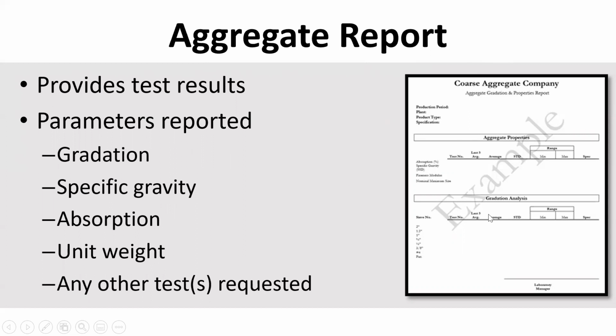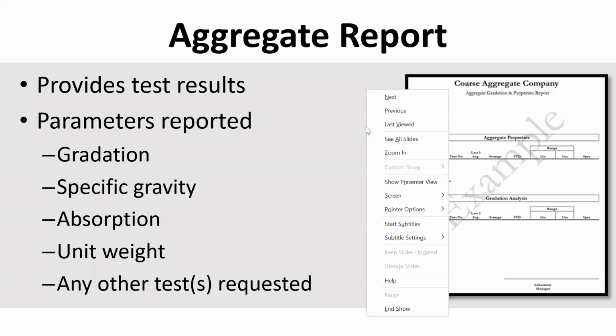It may be just 1 page of results, or it may be a bunch of pages of results. It just depends on who the lab is and who's preparing it. A lot of times you may not receive the transmittal letter or the cover page, but you may just receive the 1 to 3 page body of the report. But it's important to realize that a lot of times it's actually a full report. You just don't know it.